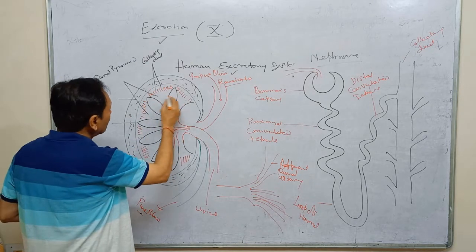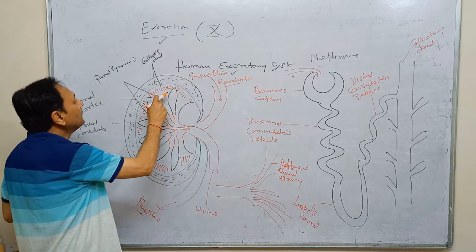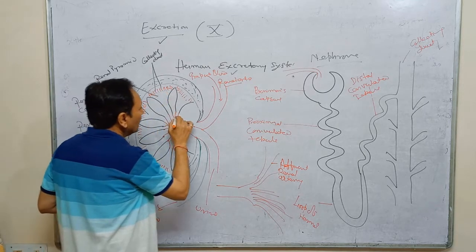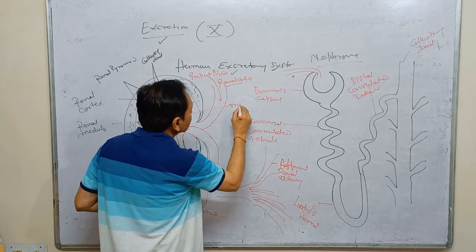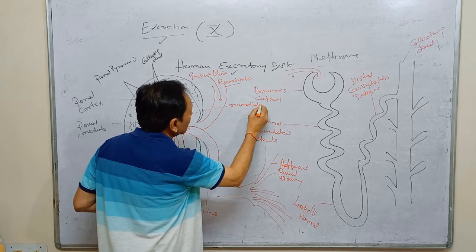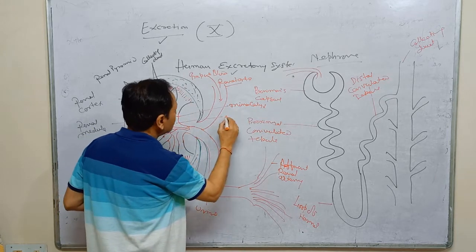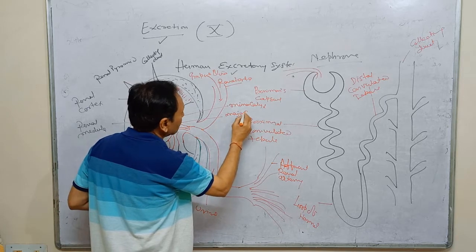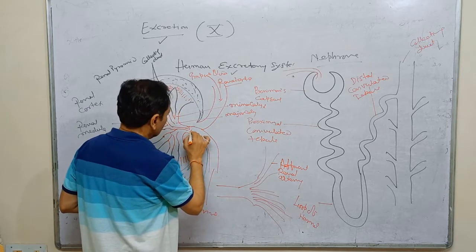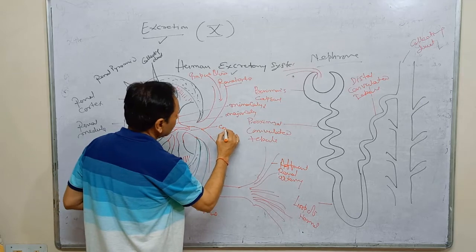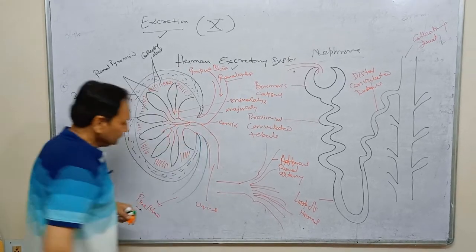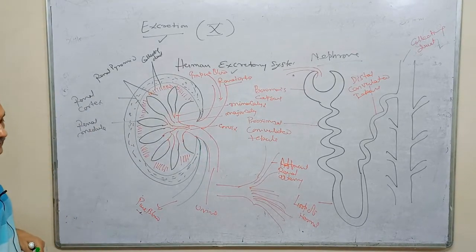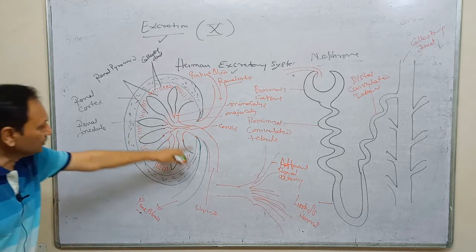The urine is collected here, and that will be passed through the renal pyramid to the minor calyx, to the major calyx, to the pelvis, and then to the ureter. Urine passes through the urethra.